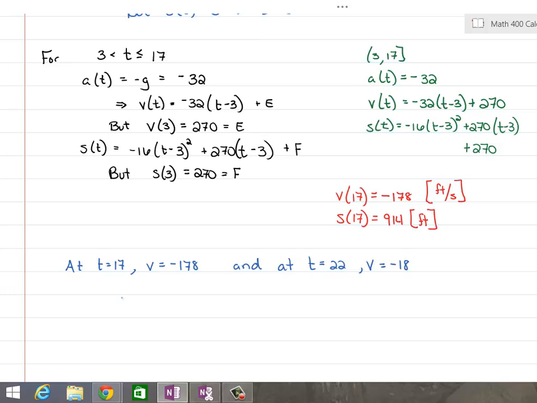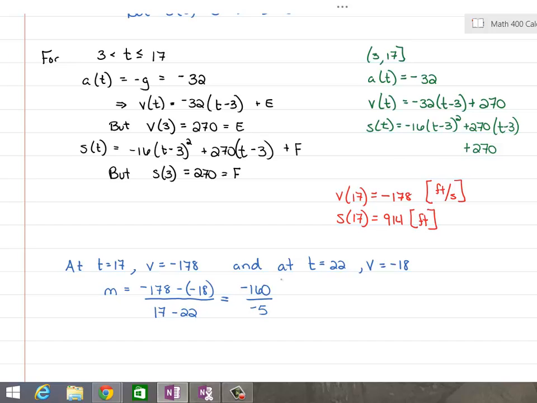It's decreasing linearly, so we have a linear function essentially, and the slope of that linear function is going to be difference in output, negative 178 minus a negative 18, over difference in inputs, 17 minus 22. Which is going to be, plus 18, so negative 160 over negative 5.